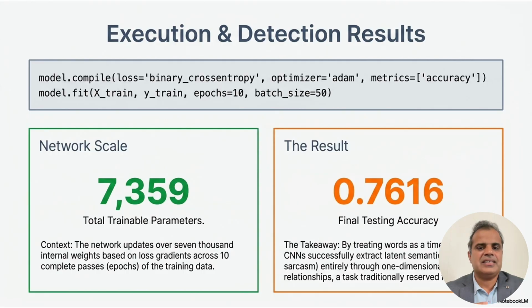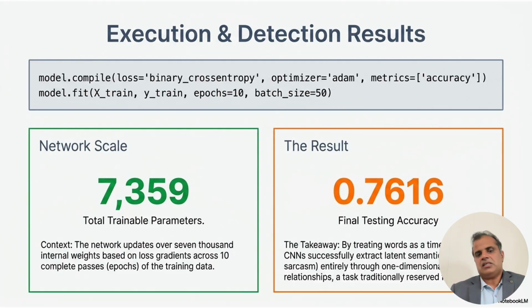Take a look at the scale of this network on the left. It has 7,359 trainable parameters. That means during training, the network is computing loss gradients and fine-tuning over 7,000 unique internal weights to separate sarcasm from literal statements.